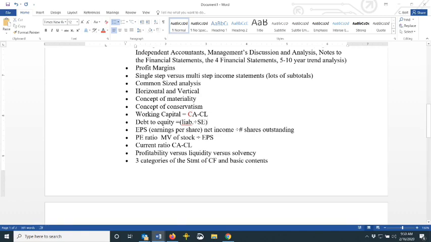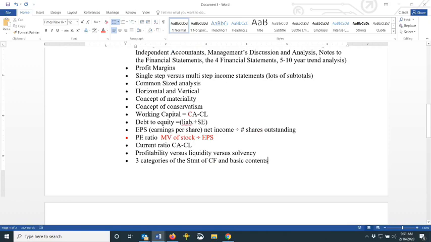Working capital and the current ratio are very closely related. Debt to equity is such an easy formula to remember. Earnings per share is the earnings, which is net income, per share, which is number of shares. That one's pretty self-explanatory. And so is the PE ratio. The PE ratio is saying what's the market value of the stock, what's the price of the stock on the market, divided by E, which stands for earnings.